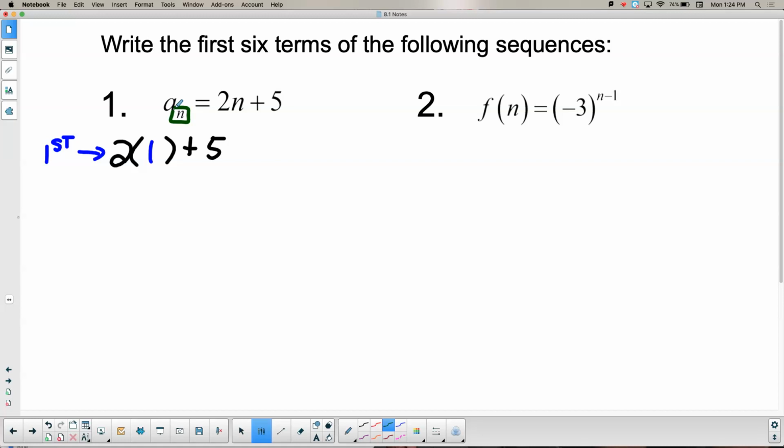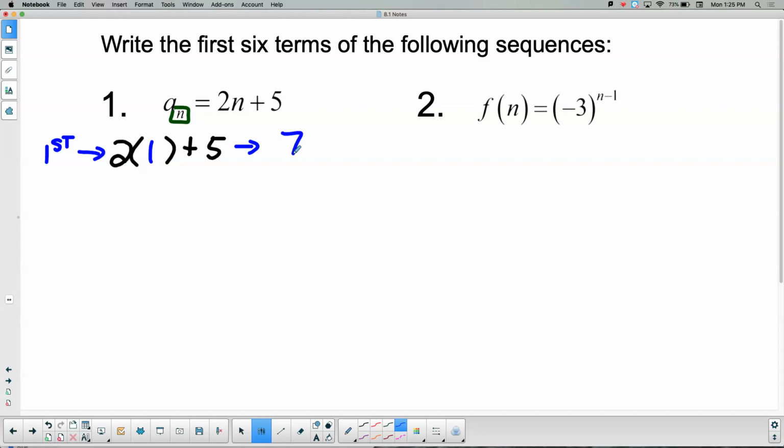2 times 1 is 2, plus 5 is 7. So my first term is 7. Now, I don't know how good you are with numbers, but it's very hard to find a pattern based off of one number. One might say it's impossible because there's an infinite amount of patterns that can happen off of just one number.